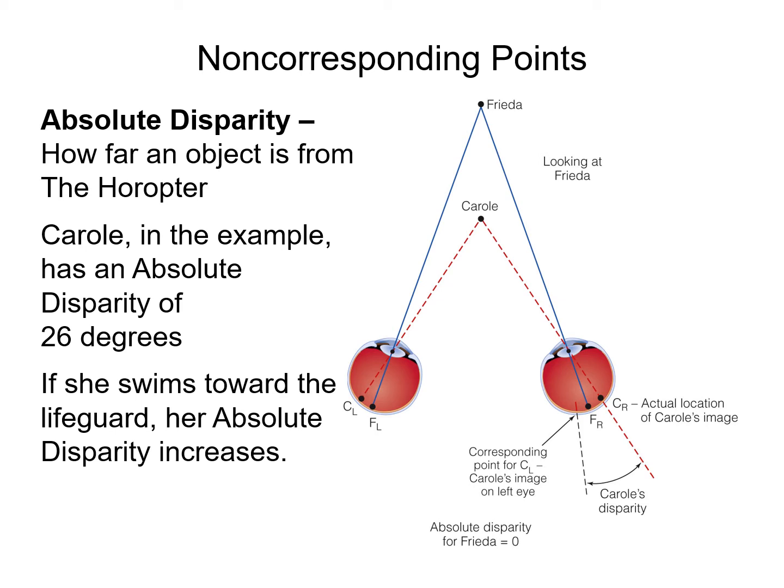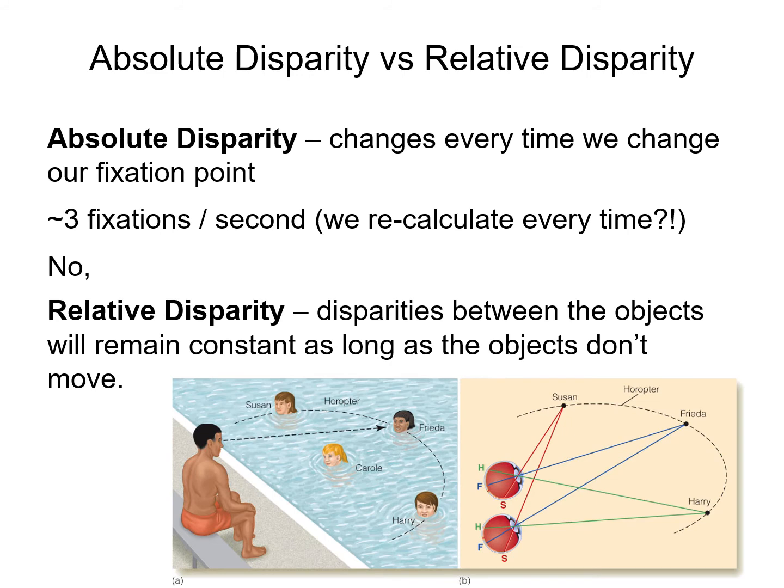If she starts swimming towards the lifeguard, her absolute disparity is going to increase. If she starts swimming towards Frida, her absolute disparity is going to decrease. So the absolute disparity of a particular object changes every time we change our point of fixation. Remember, we make about 3 fixations per second. So the question is, are we recalculating every time?